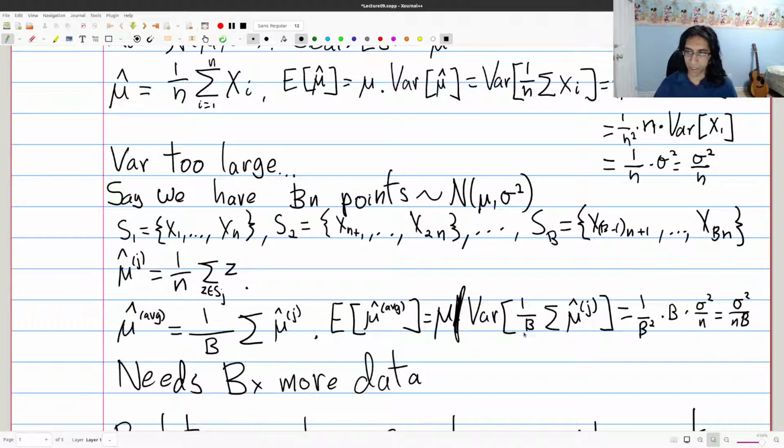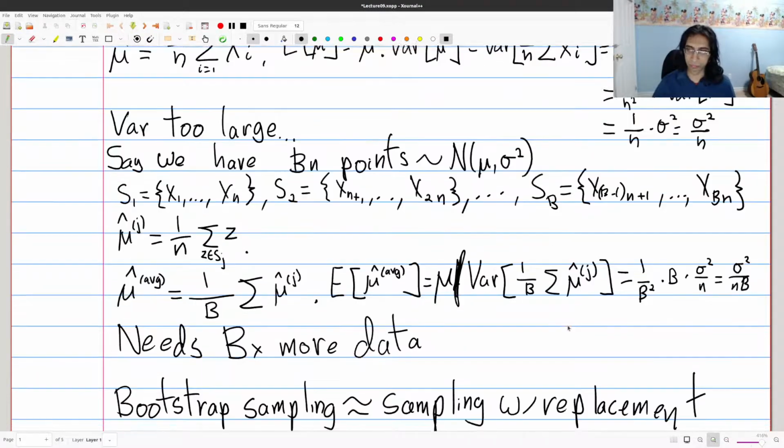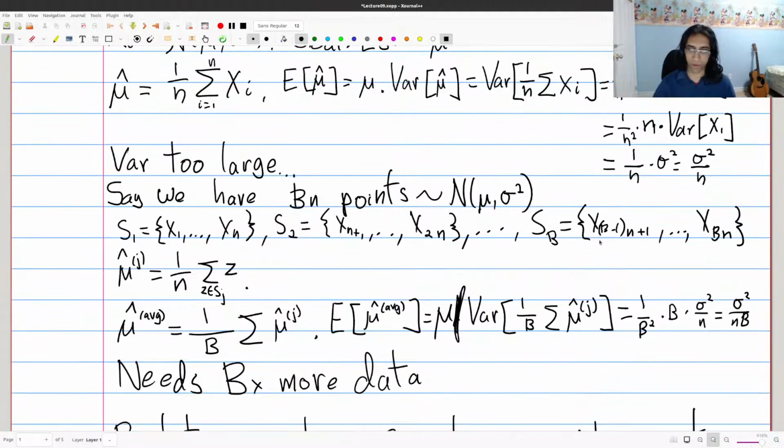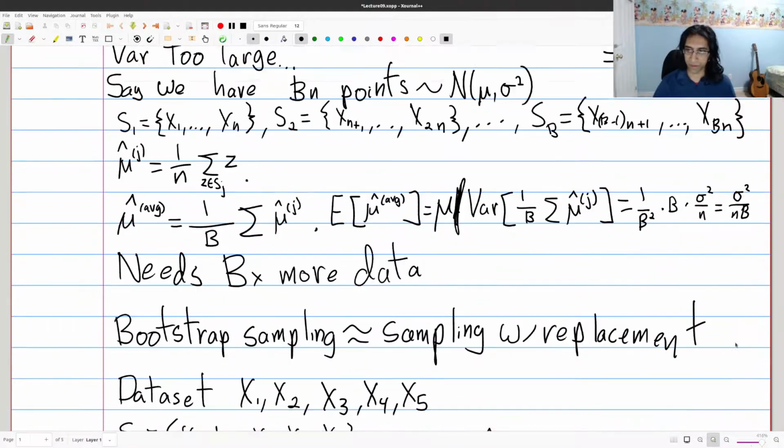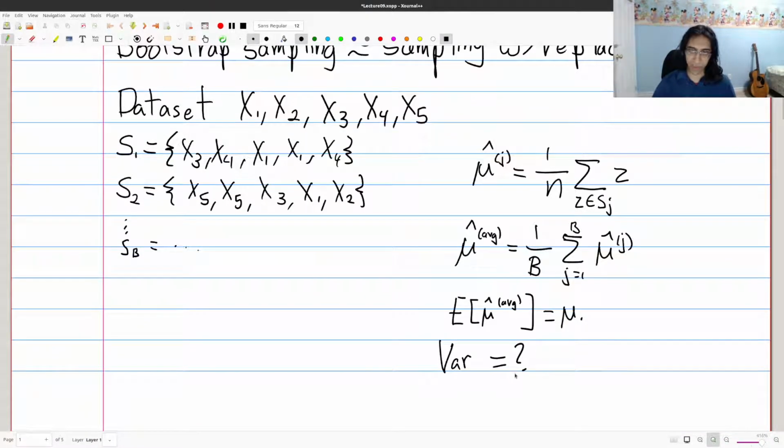And similarly, when we pulled out the summation here, that also used the fact that these sets of data were disjoint, that is, they don't overlap at all. So we used independence properties twice when deriving this type of variance bound. Therefore, we can't straightforwardly compute the variance of this resulting estimator. So that's the bad thing. These are not independent.